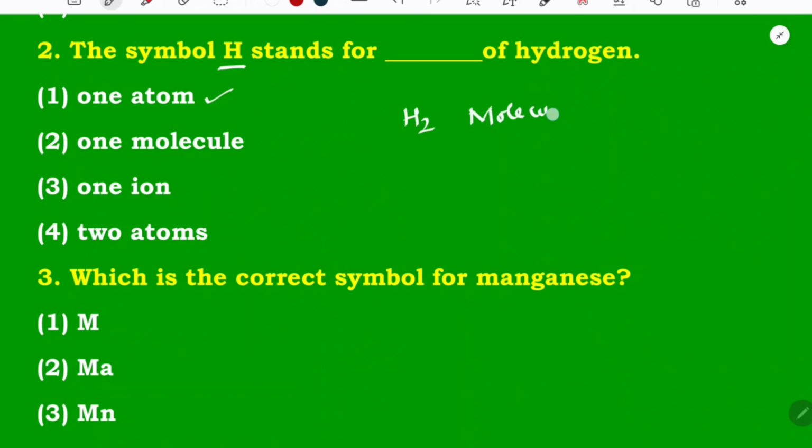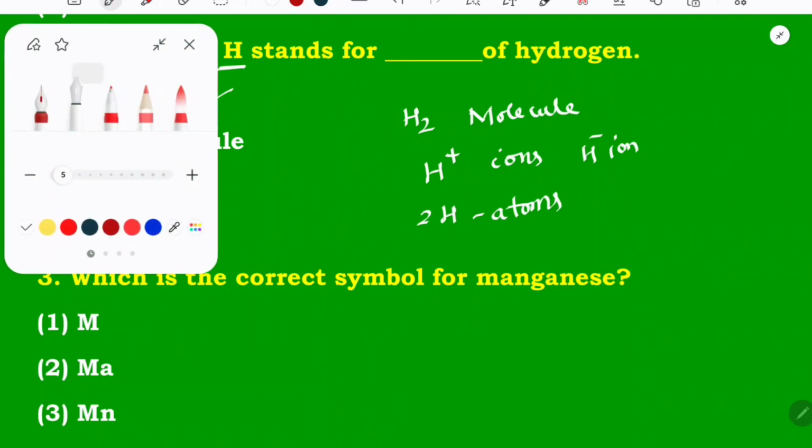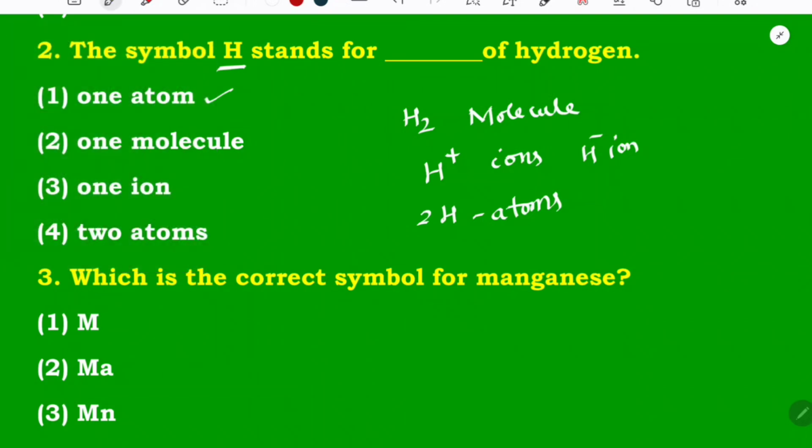H plus is an ion, or H minus is also an ion. Two atoms we should write as 2H. Here they asked only H, which means one atom of an element. The correct answer is 1.